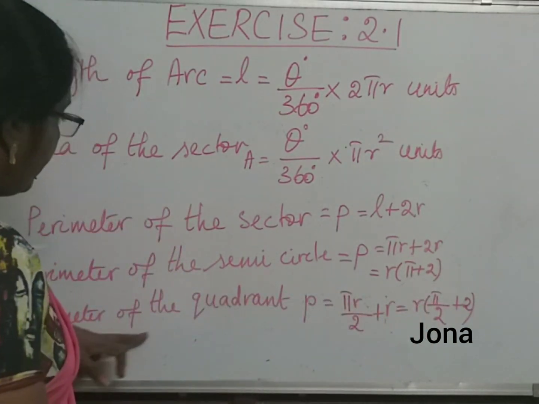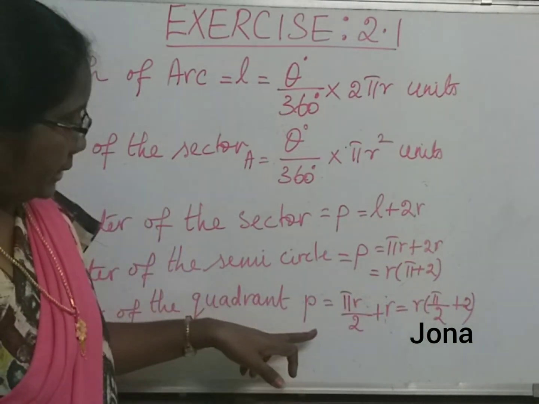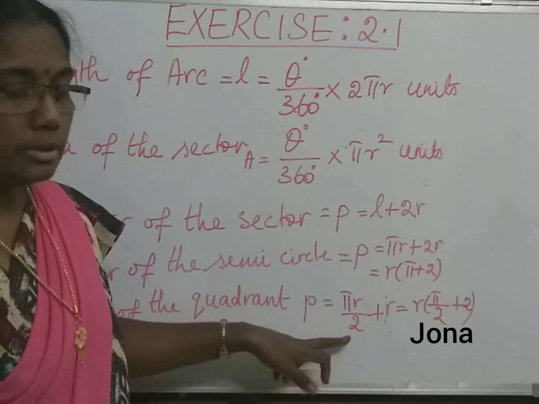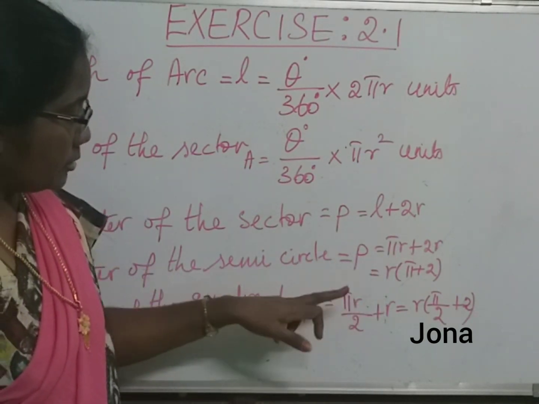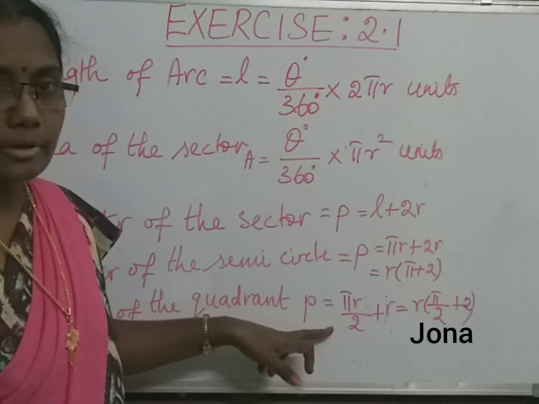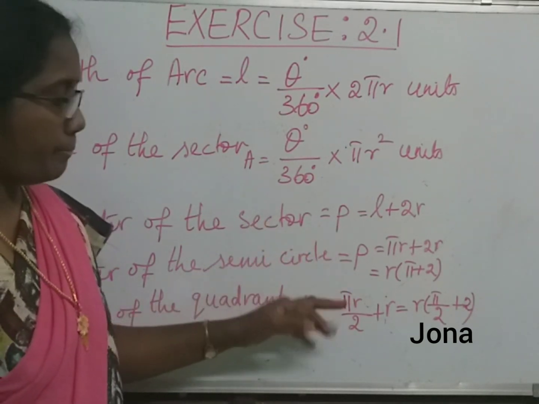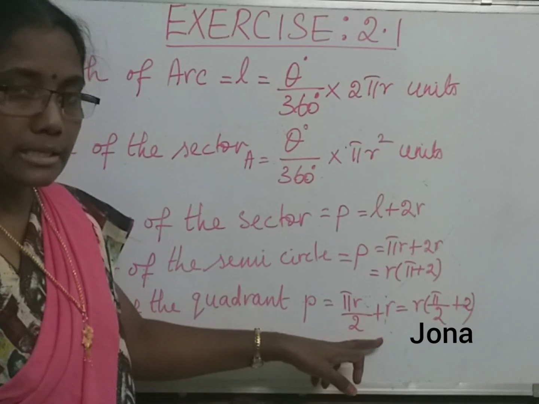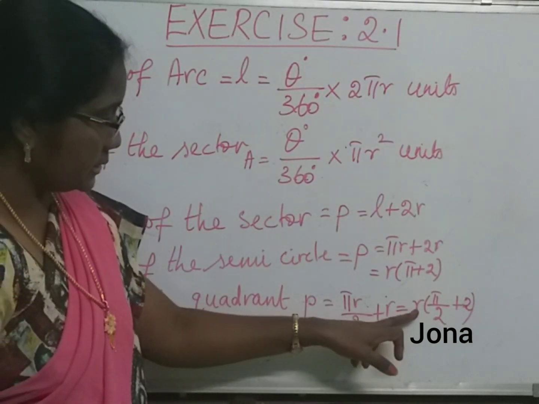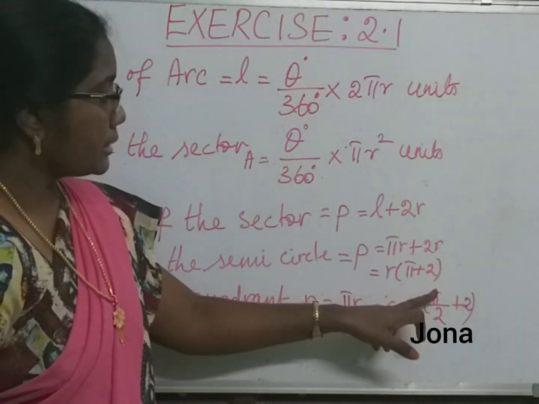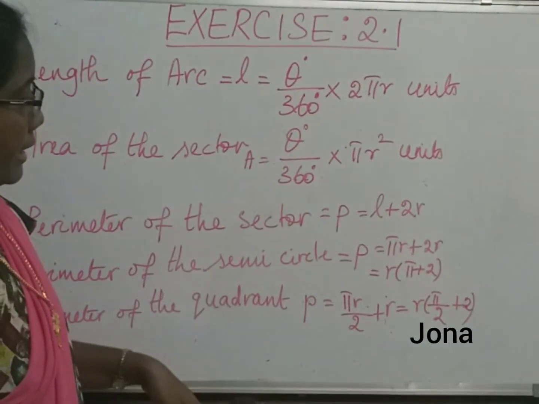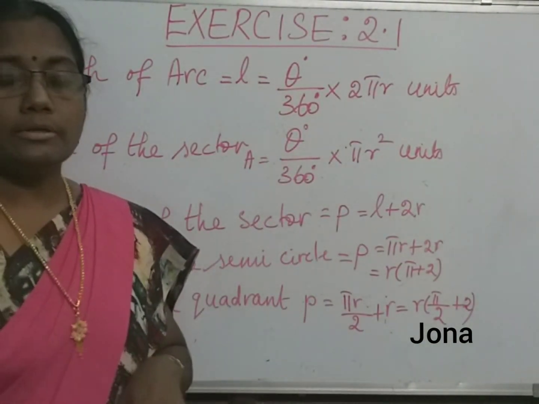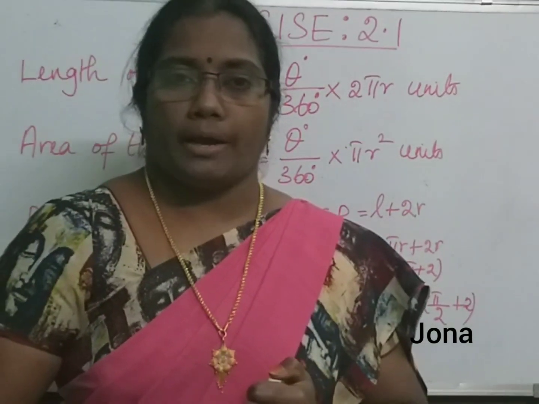And then the perimeter of the quadrant, P equal to pi r by 2 plus r plus r. In pi r we have to divide by 2, since the quadrant is half of the semicircle. So pi r by 2 plus 2r, taking r as a common factor, r into pi by 2 plus 2. These 5 formulas we need to do exercise 2.1.